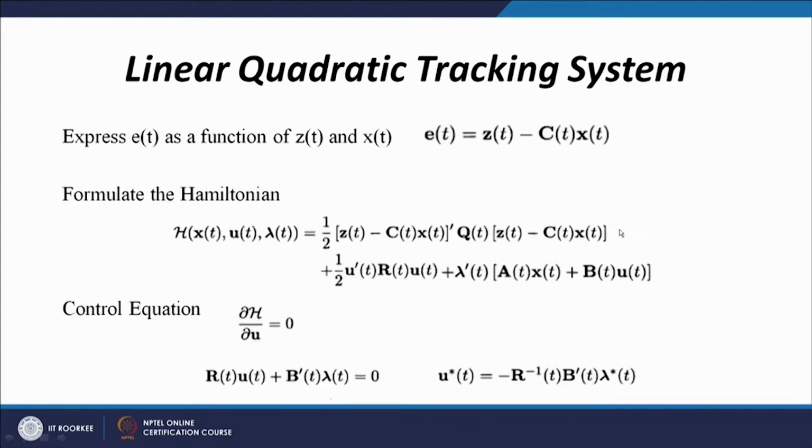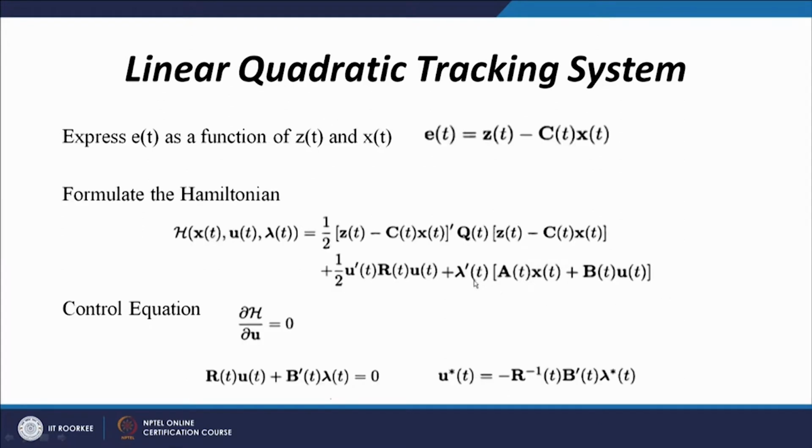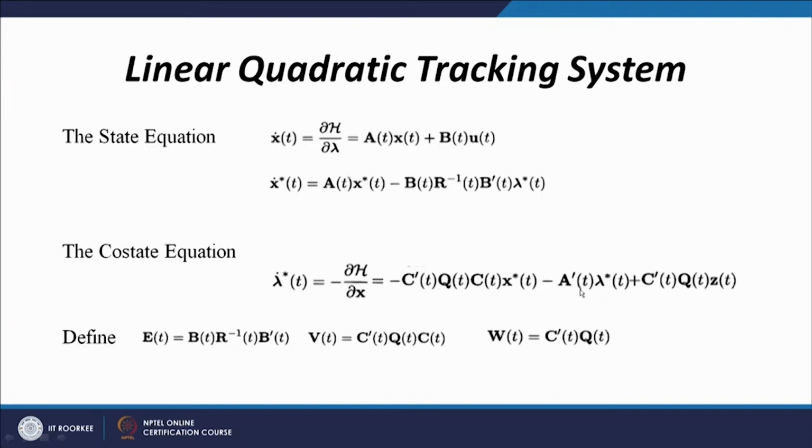If I expand this, my another term will be in terms of the x z, which is giving me C prime q z, and if I multiply this A prime lambda prime A x t and differentiate this, this gives me nothing but the A prime lambda. So, the co-state equation is C prime q c x plus A prime lambda t plus C prime q z.